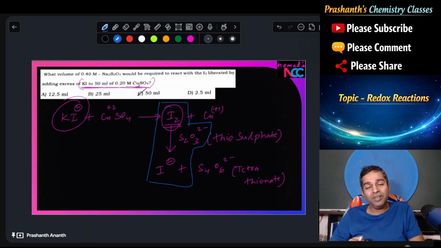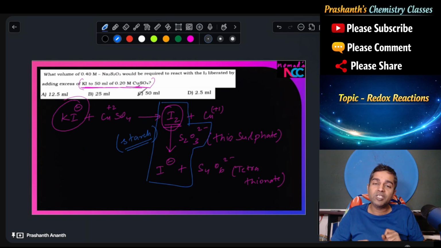In one of the previous videos, I had talked about permanganate behaving as a self-indicator. Iodine though is not going to work like a self-indicator. Most of you will be familiar with how iodine is tested: the starch test. Starch is used as the indicator in this case. When starch is present, the I2 shows a blue-black color.